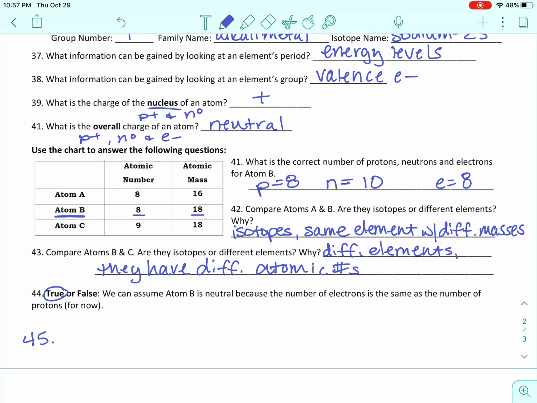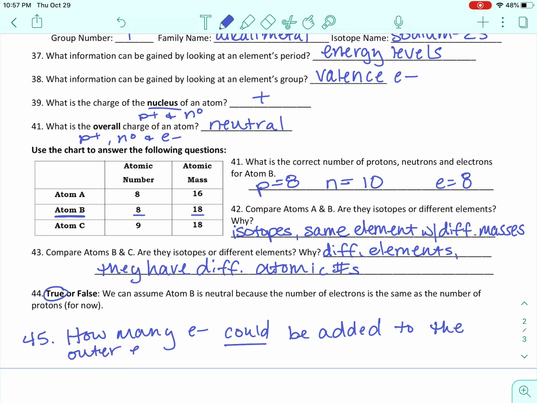So the question I'm going to add is, how many electrons could be added to the outer energy level of a nitrogen atom?